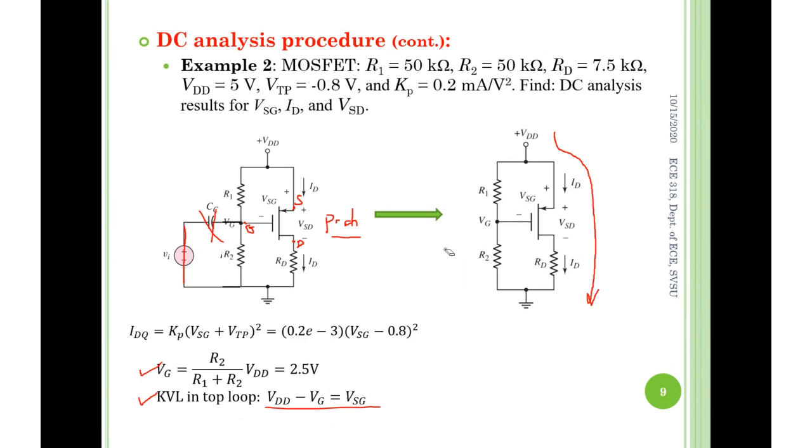From top to bottom, we go through a short circuit, and there's no voltage drop. Then you go through VSD, one voltage. The second voltage is the voltage across RD, equal to ID times RD. The sum of these two equals VDD minus 0.